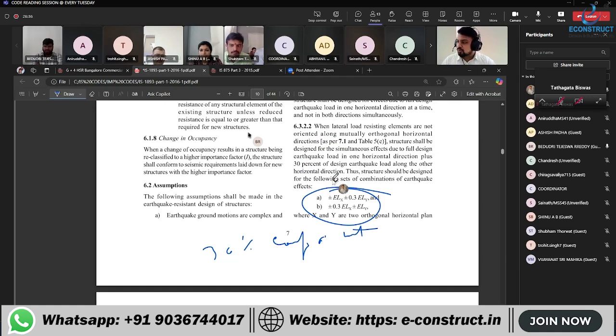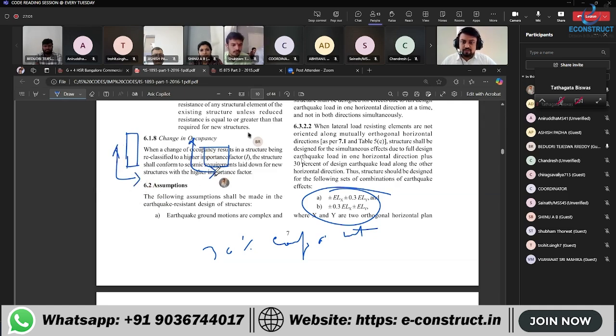Mutually orthogonal means, suppose there is a column like this, or a column like this. Generally columns are like this for us. So any of the sides is mutually orthogonal, meaning either in y or in x.